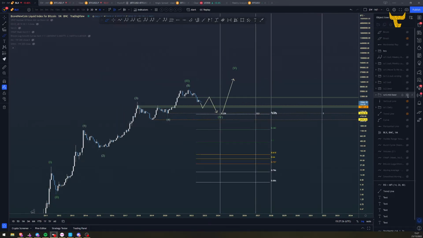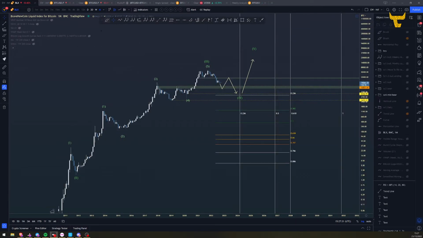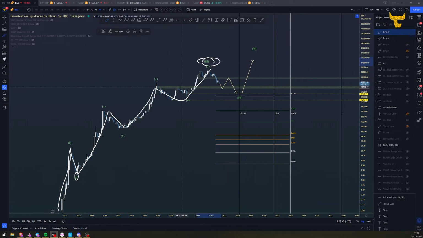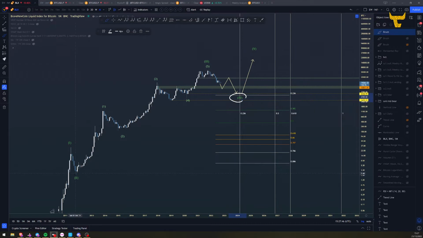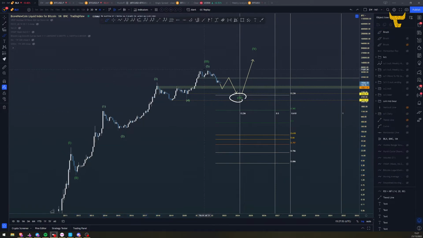Who knows? Yeah, I have an alternative in between here as well. So the idea here is to make an extension only in wave 3. So we have a macro 1, 2 here, and a sub 1, 2, 3, 4, 5 for the macro wave 3. So we would be in a macro wave 4, still correcting all of this, not the whole market, but all of this. So still looking at a pretty long bear market, supposedly to 2024 still.